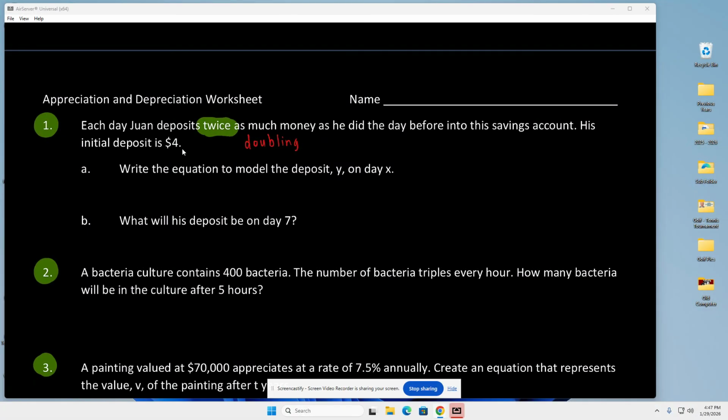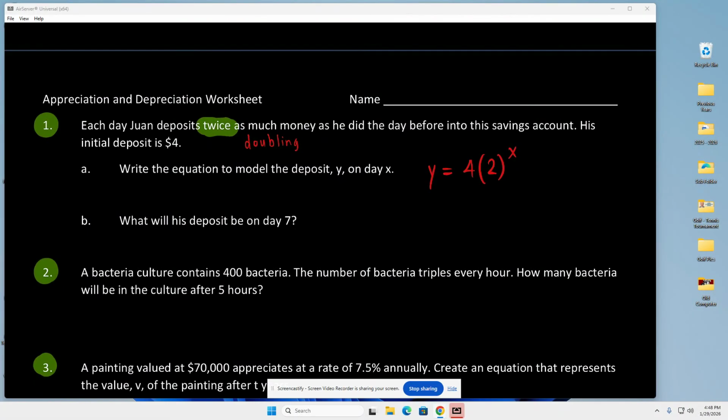That is his P. That's his principal amount. That's his initial amount. So write the equation to model the deposit Y. So Y equals P, that's the principal, 4, times 2, and it says on day X, so that's my time, so X is my exponent. So Y equals 4 times 2 to the X.